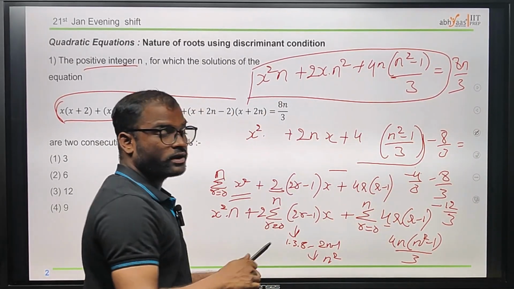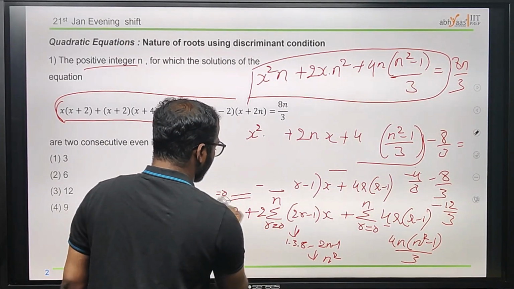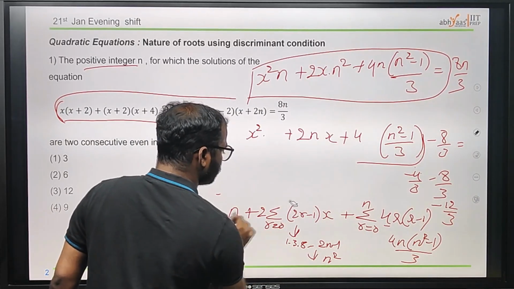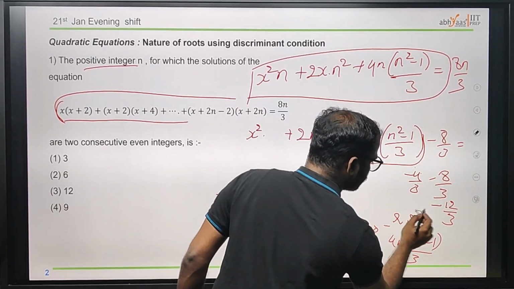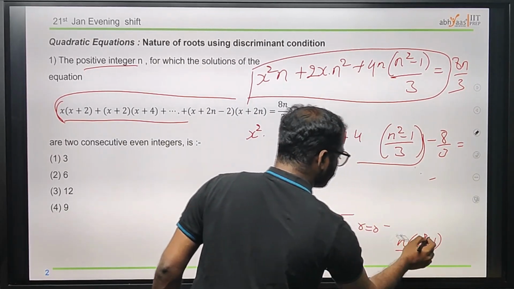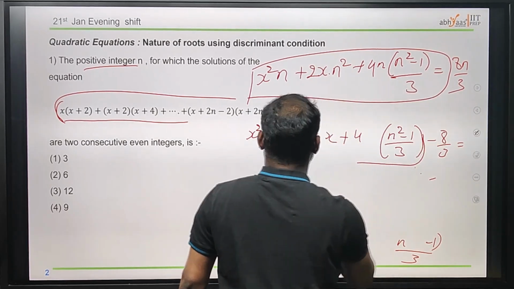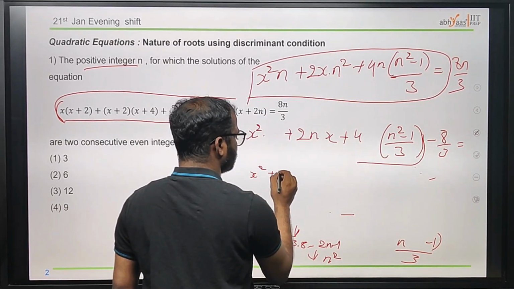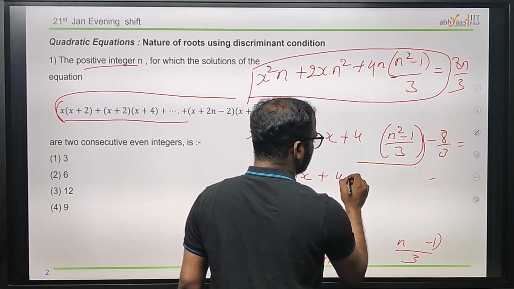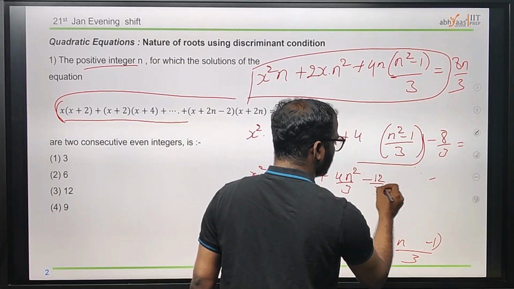From that, after that we can easily see that it is forming that quadratic equation. x square plus 2nx, plus 4n square by 3, minus 12 by 3, which is equal to 0.